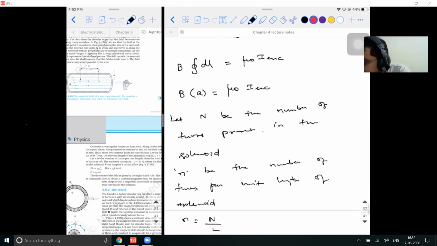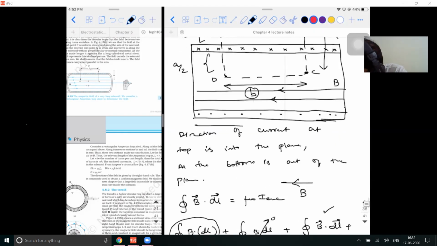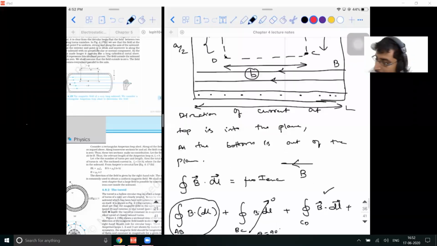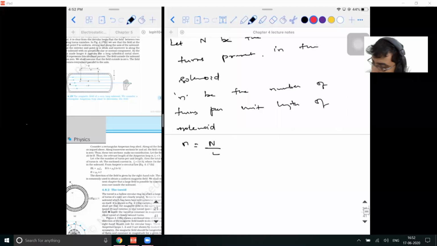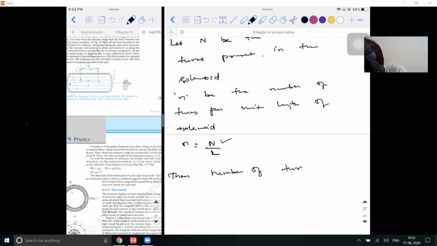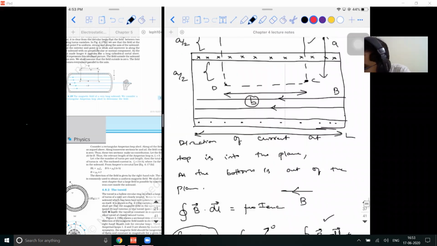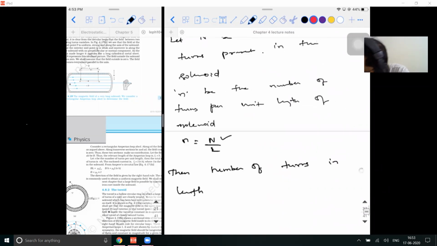If I take the length of the solenoid to be capital L, then the total number of turns divided by the length will give you the number of turns per unit length. Then what will be the number of turns in length b?